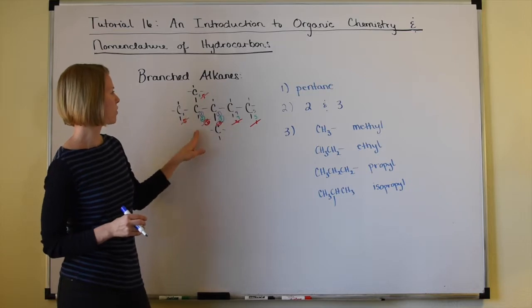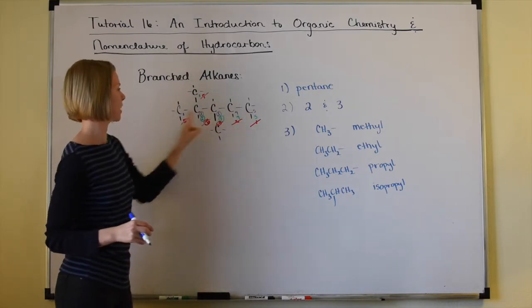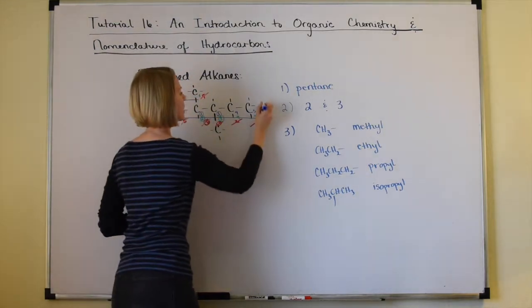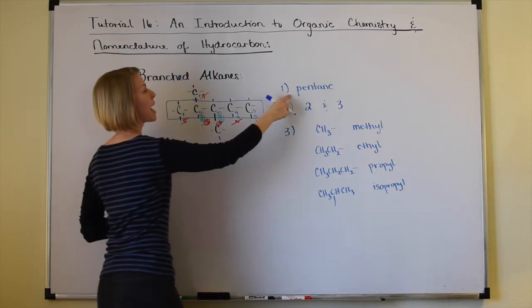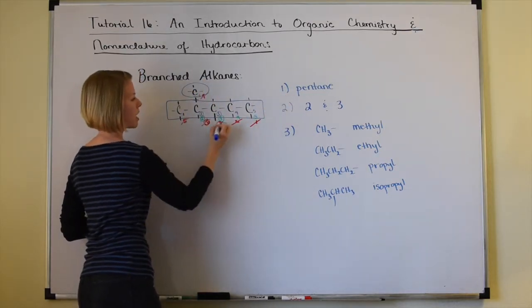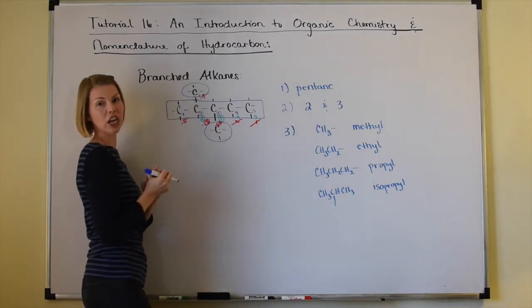All right, so then we go back over here and we look at our branch groups, and we're using the blue numbering here. So that means that we've already named this chain as pentane. That means that this is a branch group and this carbon is a branch group off of that longer pentane chain.